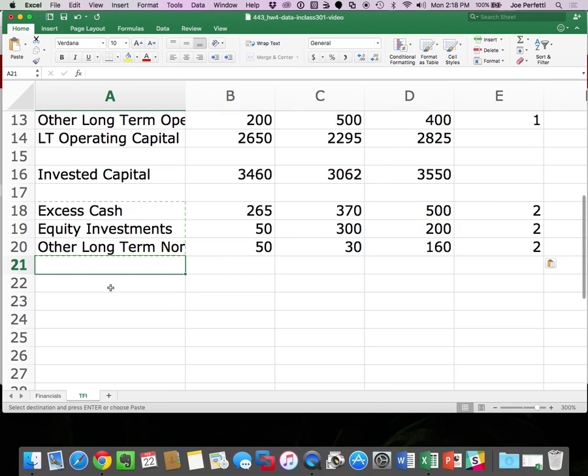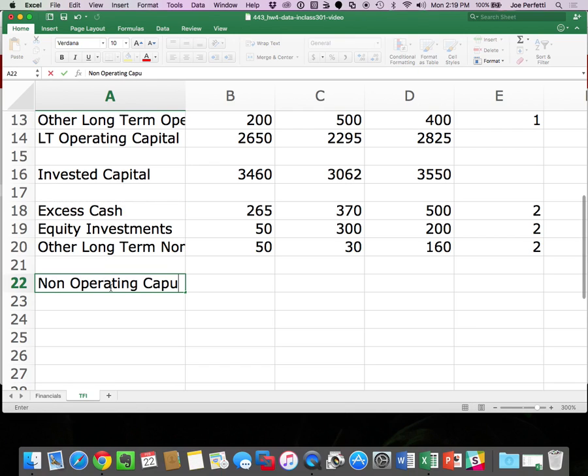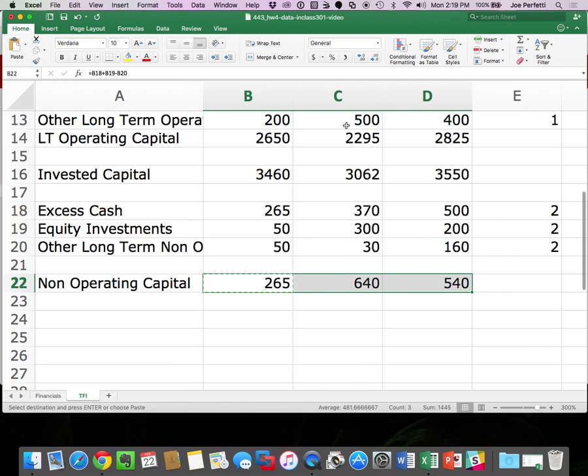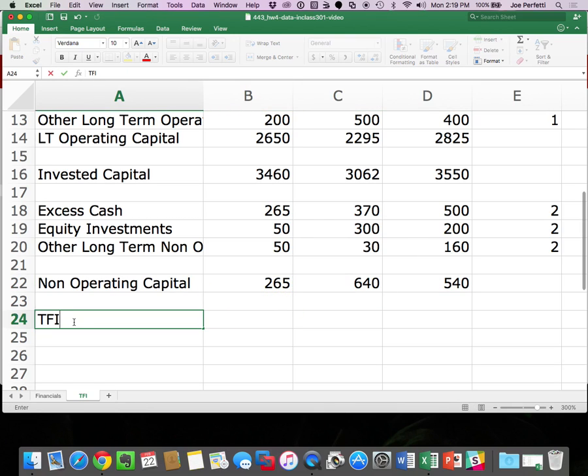Again, I could call this my non-operating capital as a row if that helps me understand what's happening here. So I could take the assets minus the liabilities, and that is my non-operating capital. So I have my operating capital and my non-operating capital. When I add the two together, TFI.